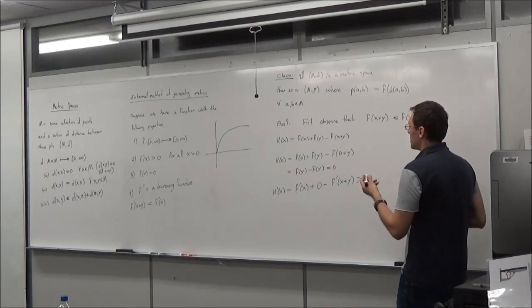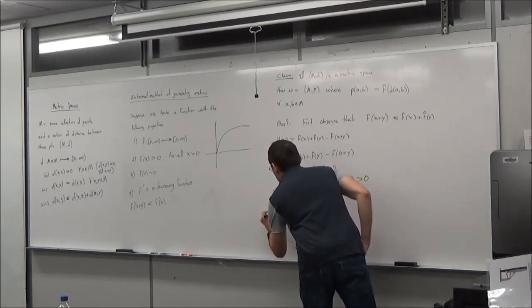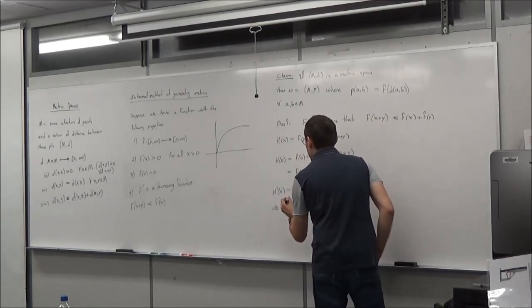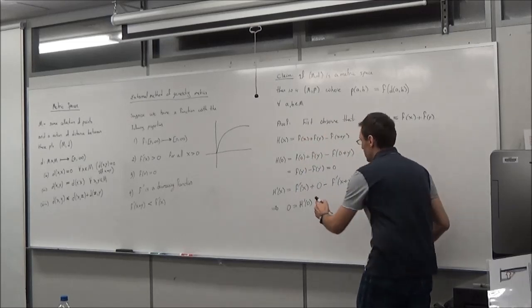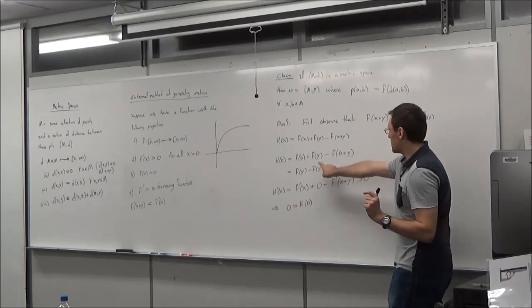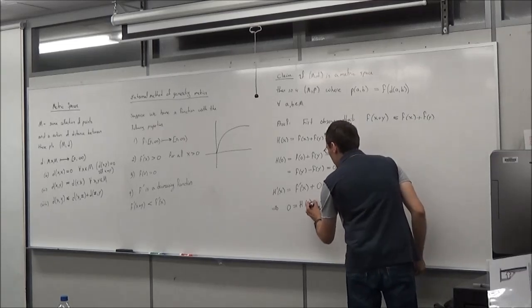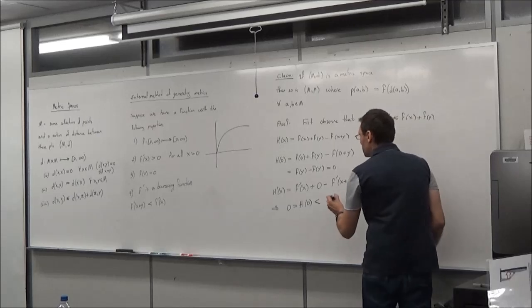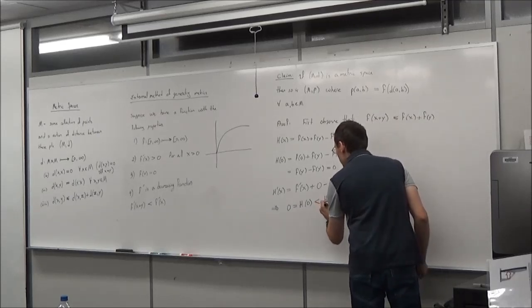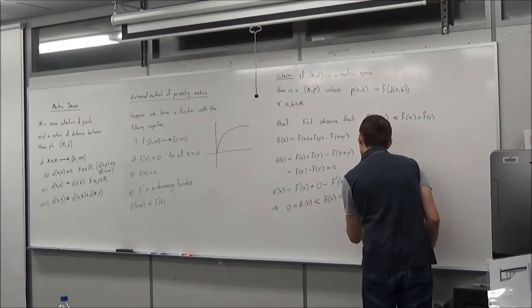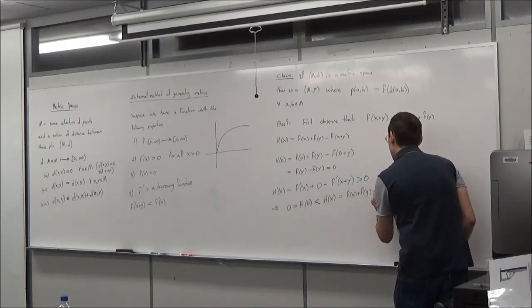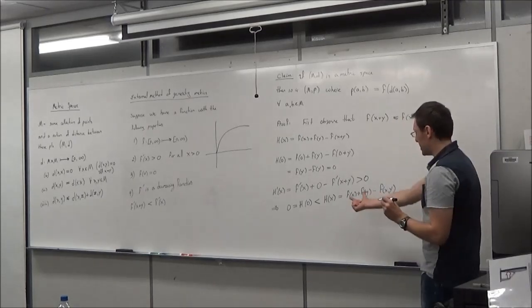So what does it mean? It means that 0, which is equal to h of 0, is less than h of x, which is f of x plus f of y minus f of x plus y, and just move it across.